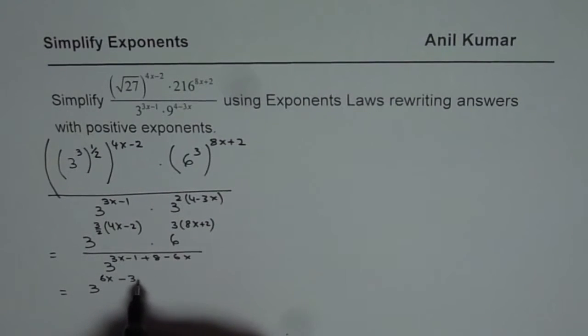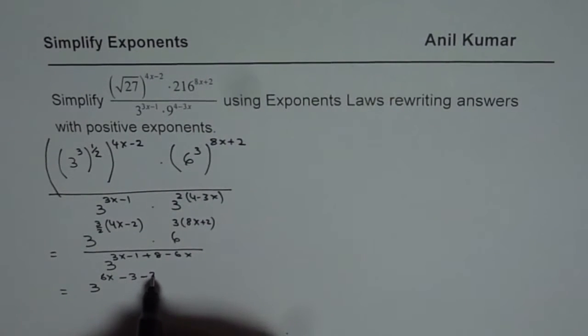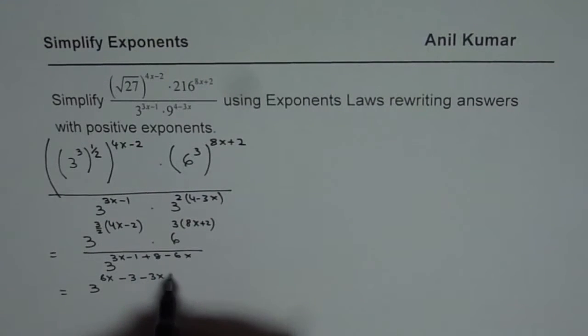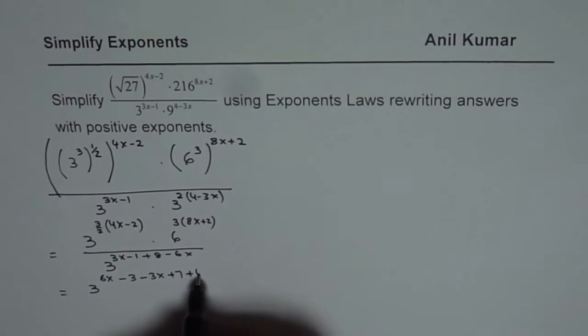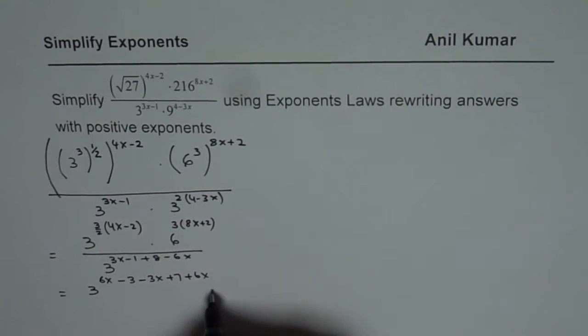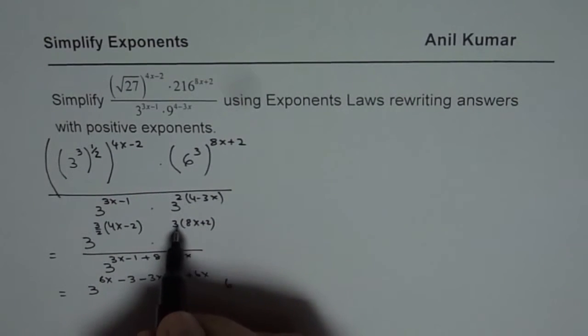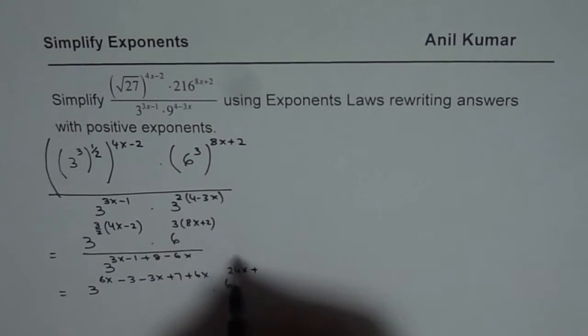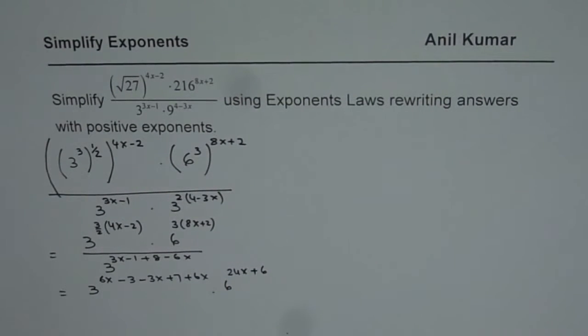So we'll write this as minus 3x. We'll simplify later. Minus 1 plus 8 is minus 7. So we'll reverse the sign, say plus 7. And minus 6x is plus 6x. So this is, we are taking care of the 3s. The other term is 6 to the power of 3 times 8, 24, x plus 6, right? 3 times 2. So that is what we get.